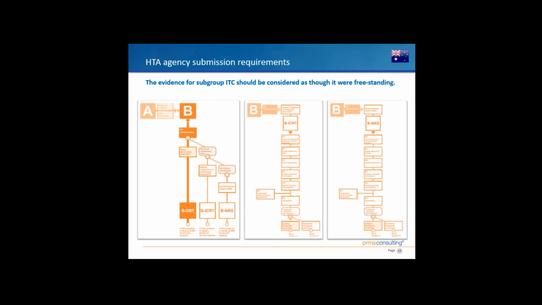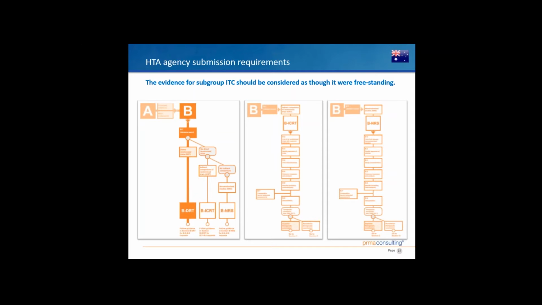Keeping with PBAC and NICE though, this is sort of the starting point for what we want to get to, which is a lot of these methodological requirements that are published, a lot of our discussions tend to be very subgroup specific. What we find at PRMA Consulting with our clients is a tendency for evidence generation to go through the process for an overall patient population of establishing the best approach, then dealing with subgroups.